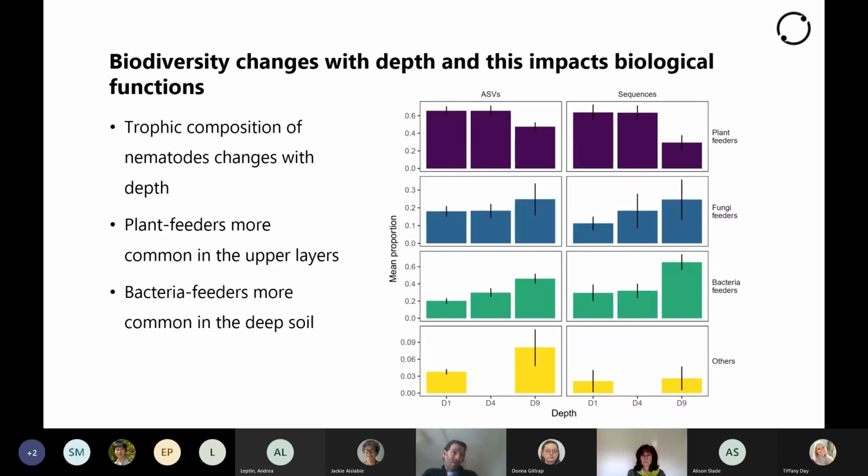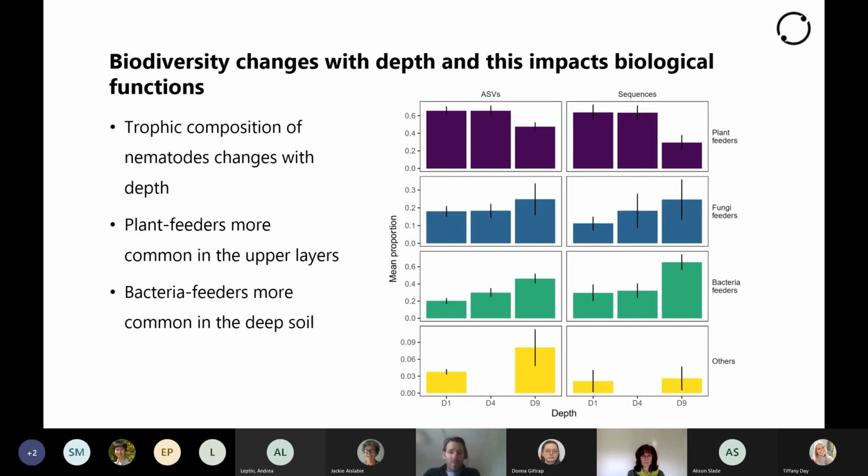Next, we looked at changes in the trophic composition of nematodes at different depths, and we observed that plant-feeding nematodes are most common at the soil surface, where plants are abundant, whereas in the deep soil, bacteria-feeding nematodes are the most common, presumably due to a lack of plant material and an increased availability of bacteria, relatively speaking, in the deep soil.